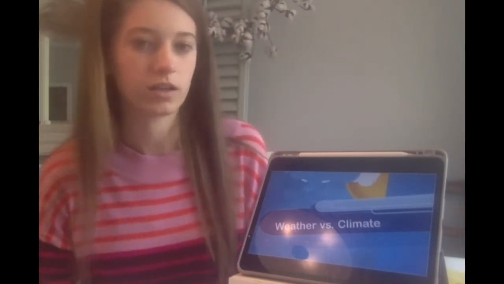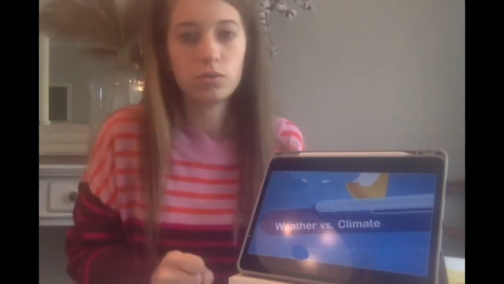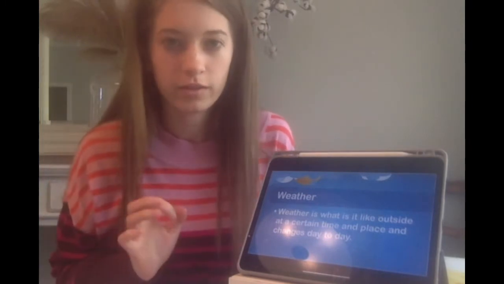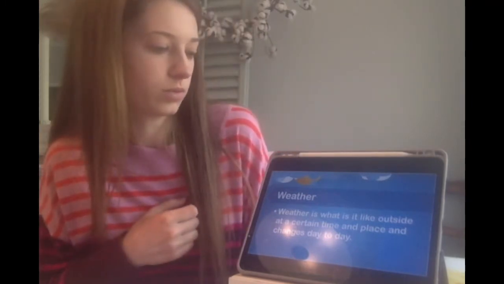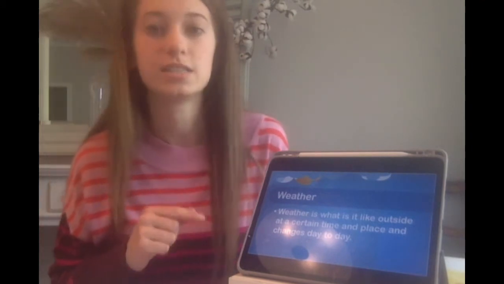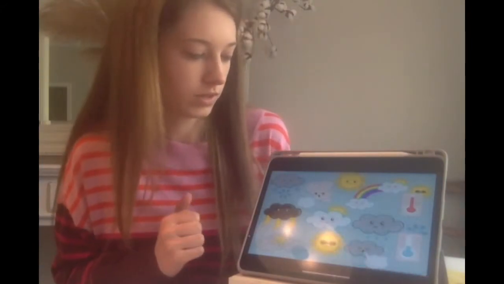Let's get started. So we're going to look at our PowerPoint first. So we're going to do weather versus climate. So to review weather, the definition is weather is what it looks like outside at a certain time and place, and it changes day to day. So then we looked at some different types of weather.